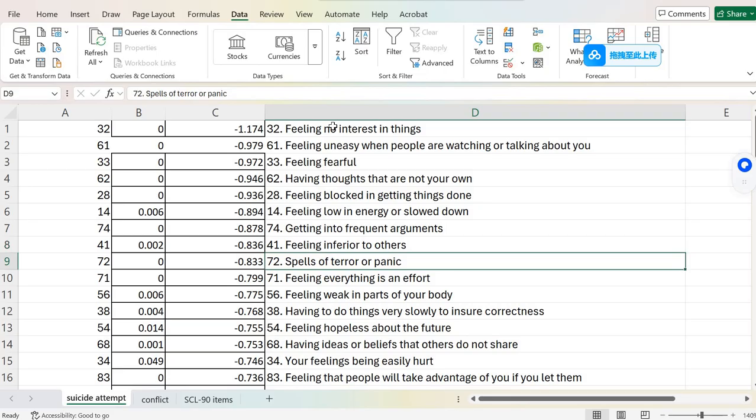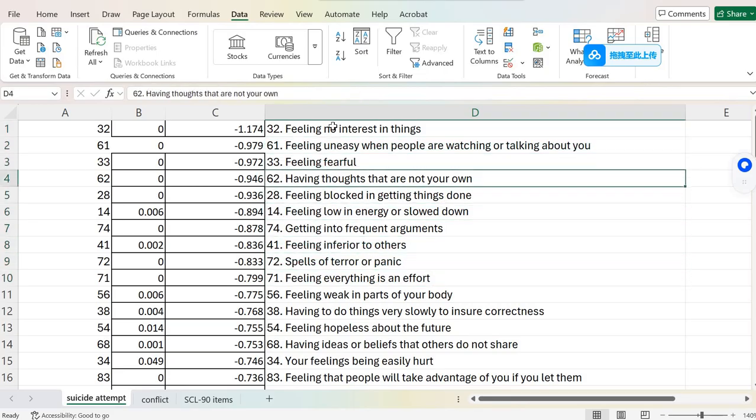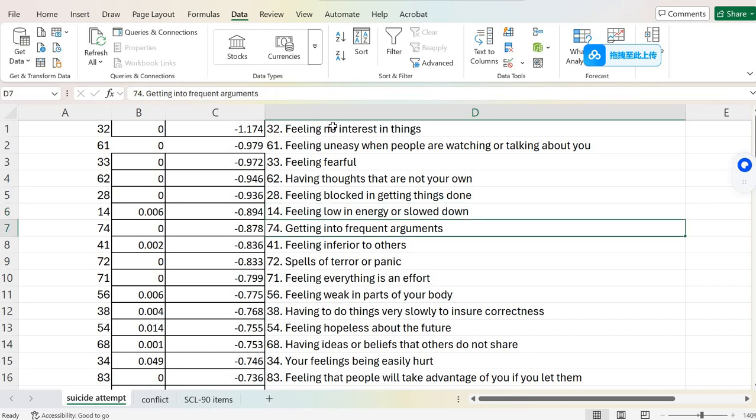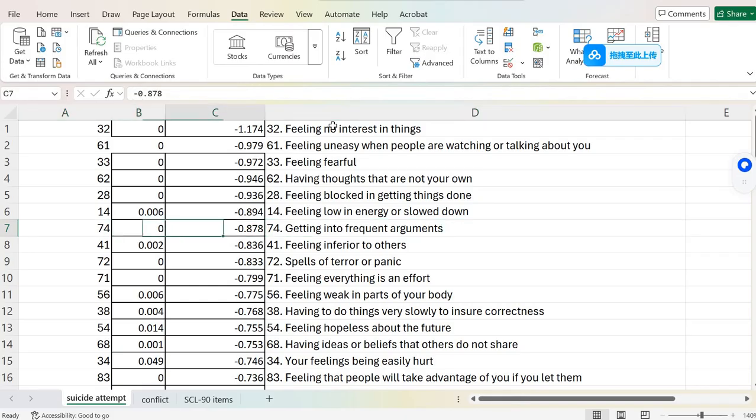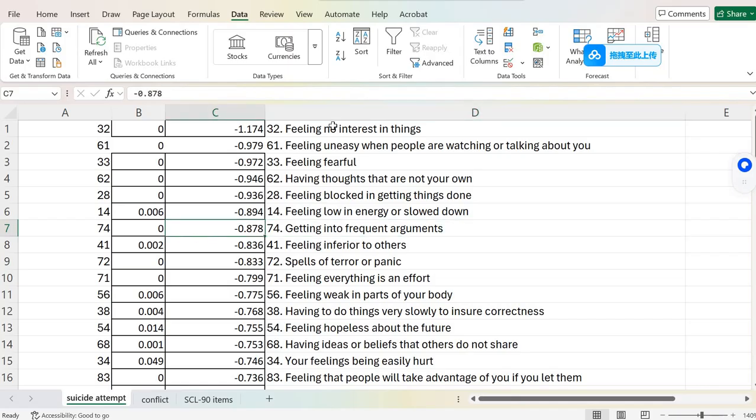I'm looking for frequent arguments. Having thoughts blocked, low energy, getting into frequent arguments. This ranks number 7. Pretty different, a significant difference between those people who had suicide attempts and those who did not.